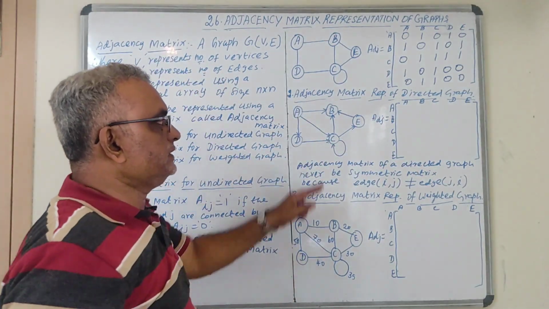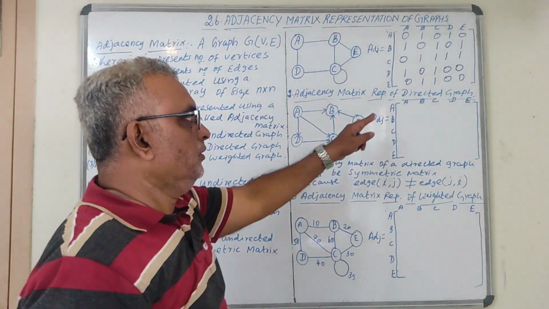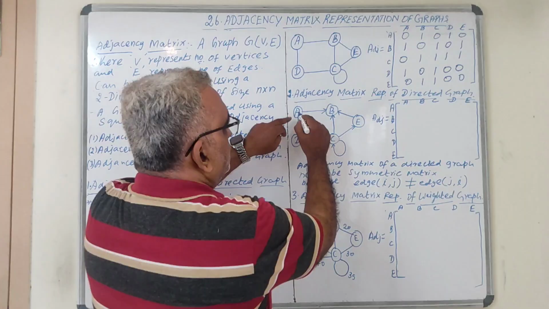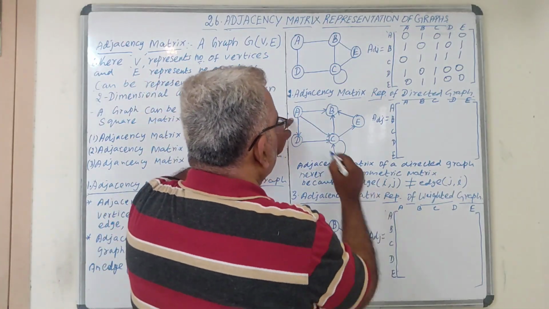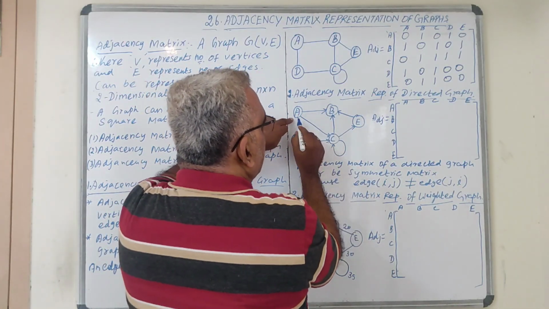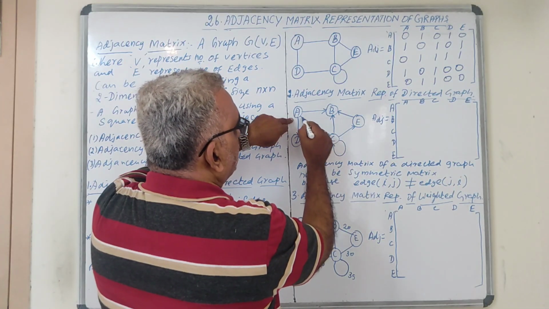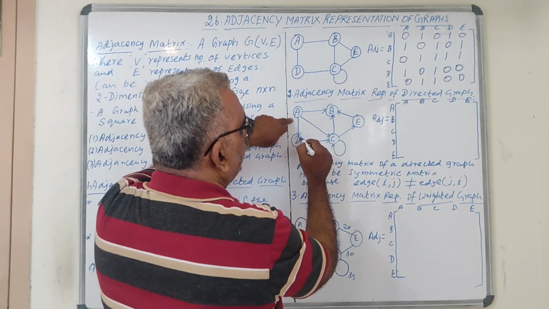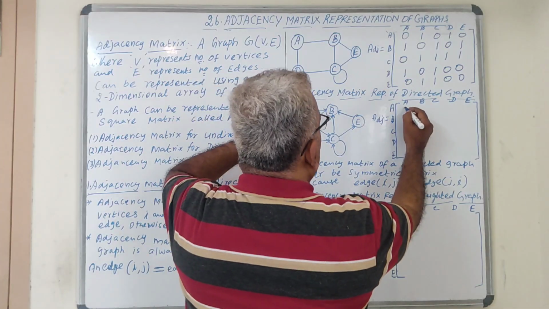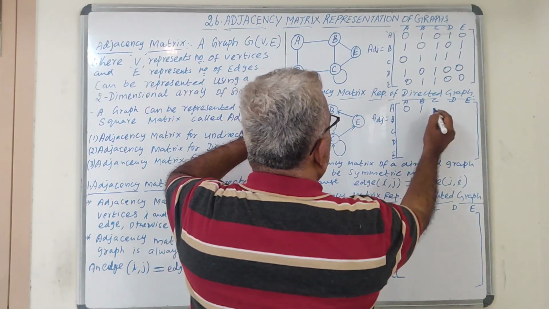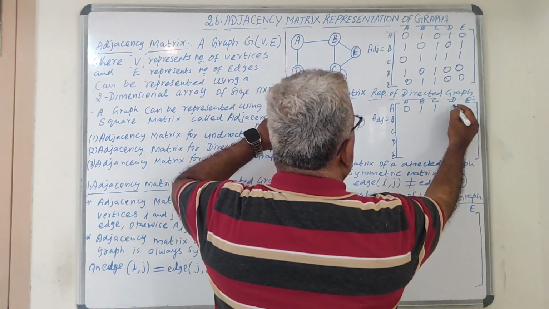The second one is the adjacency matrix representation of a directed graph. If you take vertex A, it has connections from A to B, A to C and A to D. So A to A is 0, A to B is 1, A to C is 1, and A to D is also 1.